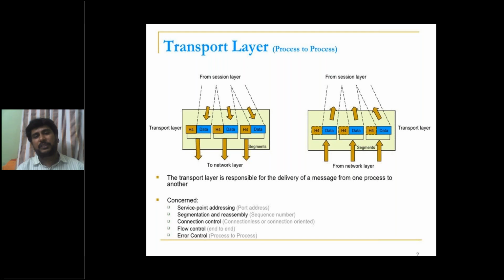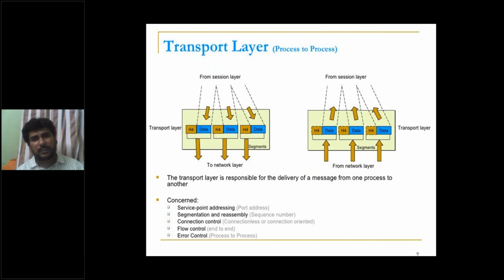Next important thing is that based on the type of connection, whether connection oriented or connectionless, the transport layer selects the particular protocol. If it is connectionless, we use UDP, and if it is connection oriented, we prefer the Transmission Control Protocol. Along with the data link layer, the transport layer also ensures flow control and error control.